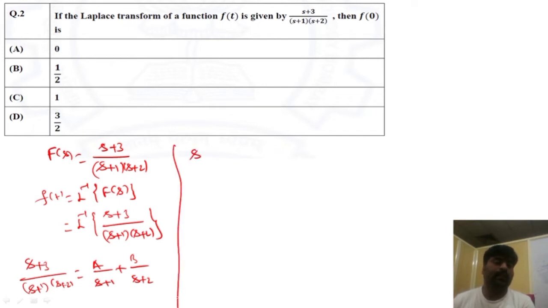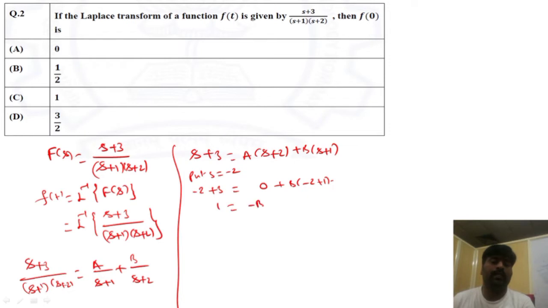Then s plus 3 equals a times (s plus 2) plus b times (s plus 1). Put s equal to minus 2: minus 2 plus 3 on the left side is 1, and on the right side it is b into (minus 2 plus 1), so 1 equals minus b, which means b equals minus 1.